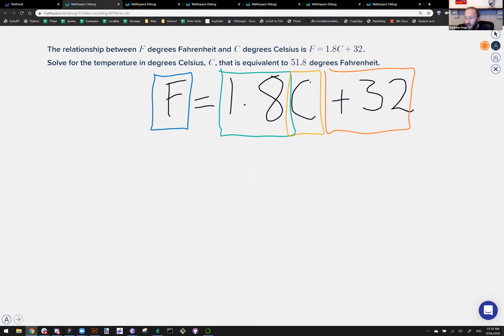I've also been given in the question that Fahrenheit is 51.8 degrees. So just like I did before, I'm going to write an equation over here, F equals 51.8. And this is what I'm going to be substituting into my equation.